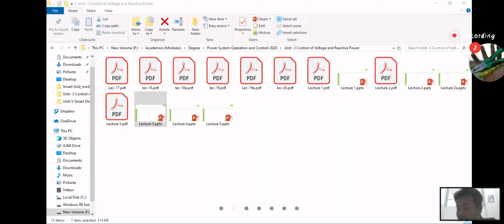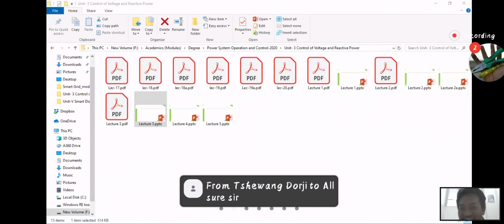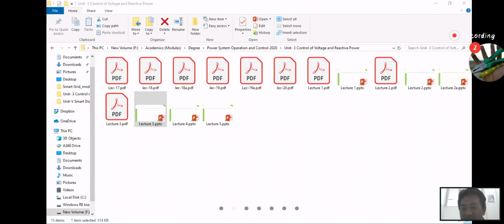Please bear with me. There is some problem with my system. The laptop has hung now. Okay, sir, no problem. You know the condition of my laptop. Yes, sir. Are you able to see the static VAR system? No, sir. There is some problem with my system.